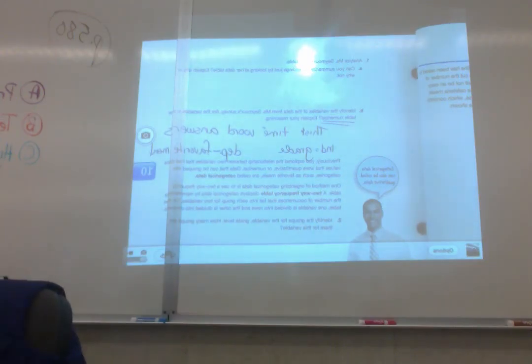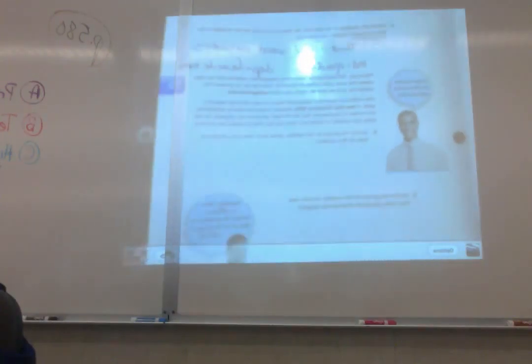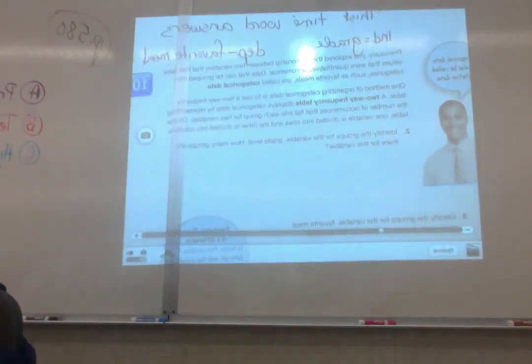Oscar, could you read where it says previously, please? Previously, you explored the relationship between two variables that had data values that were quantitative or numerical. Data that can be grouped into categories such as favorite meals are called categorical data.